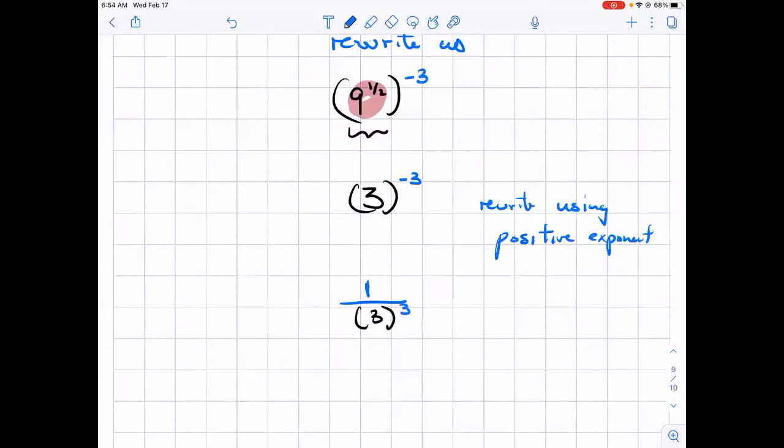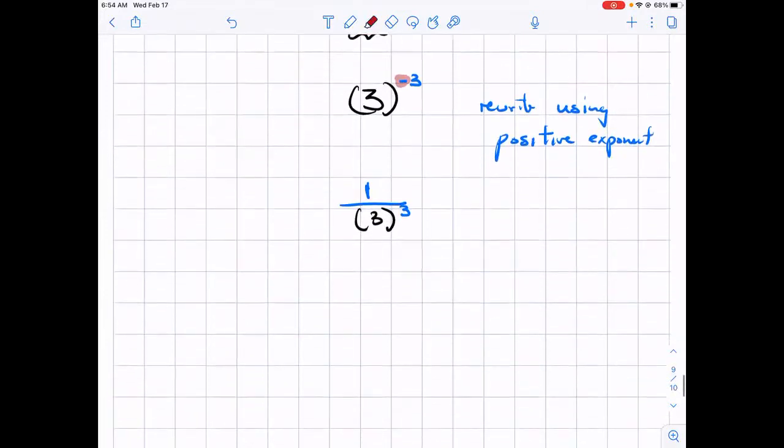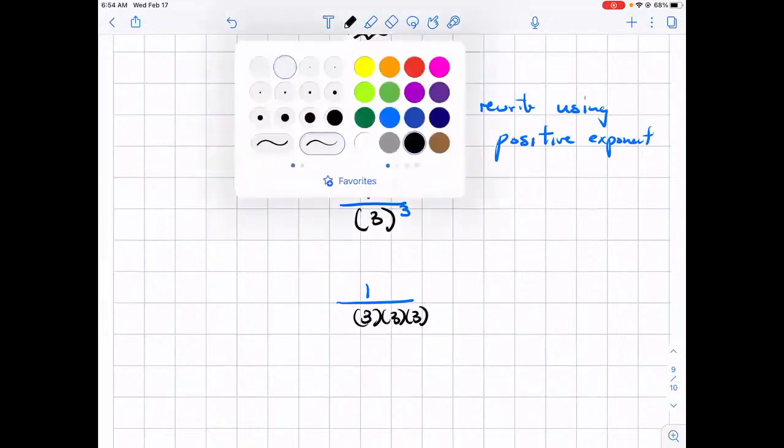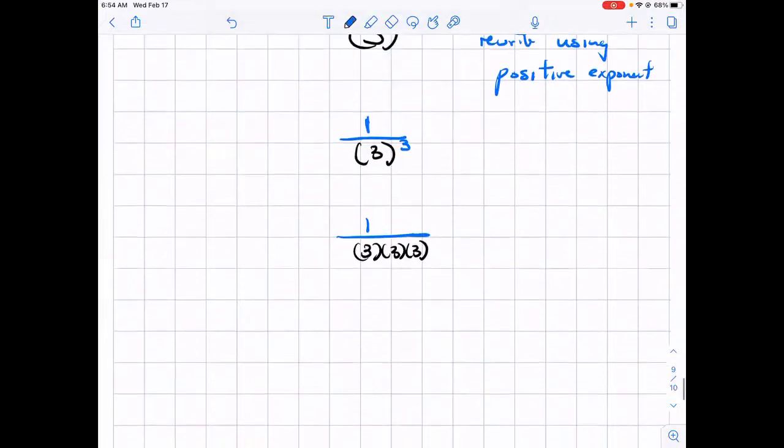This negative means 1 over whatever you have there, and drop the negative sign. So now this becomes 1 over 3 times 3 times 3. Finally, this becomes 1 over 27.